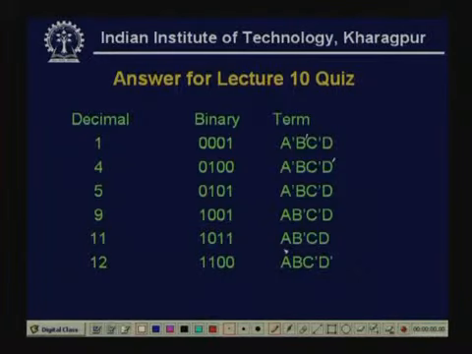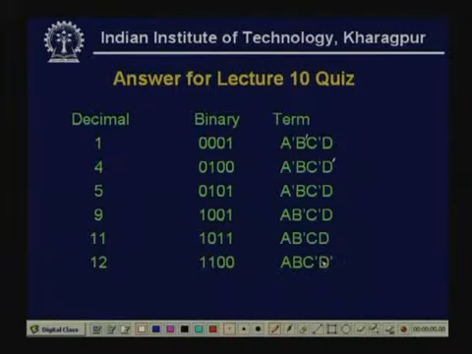For A, C, D in that particular min term the binary values are 111, so the 3 variables are uncomplemented, and only B is 0, so it will be B dash in the min term. Similarly, 12 will be 1100, meaning A, B, C dash, D dash. So, these are the terms.